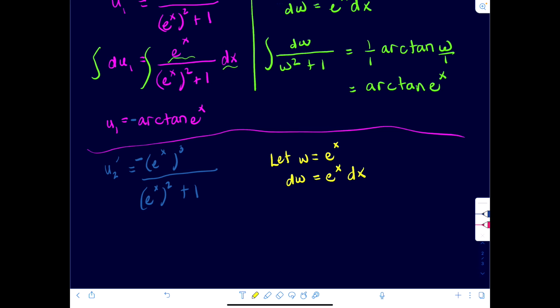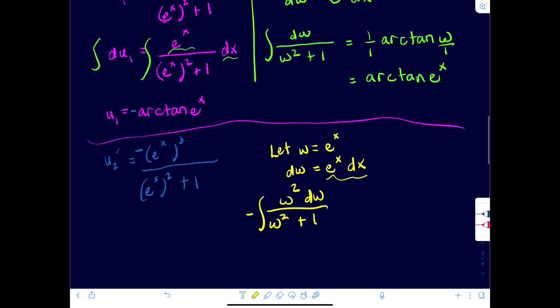So that's going to give us the negative integral of w cubed over w squared plus 1. Actually, we're going to have w squared dw, because we need one factor of e to the x to be our dw from here.